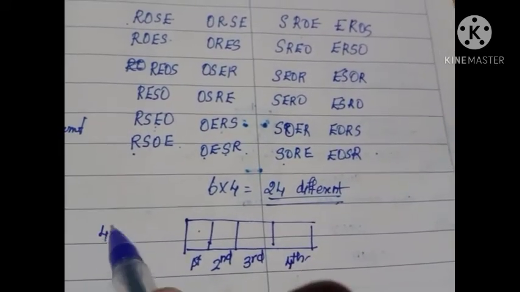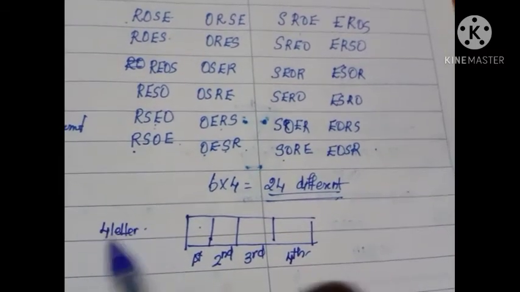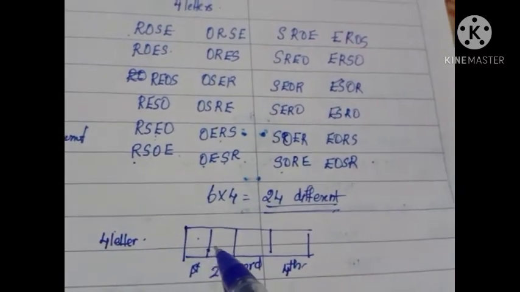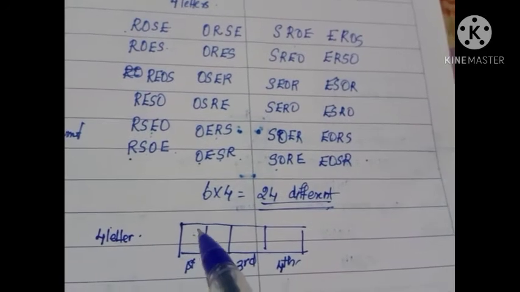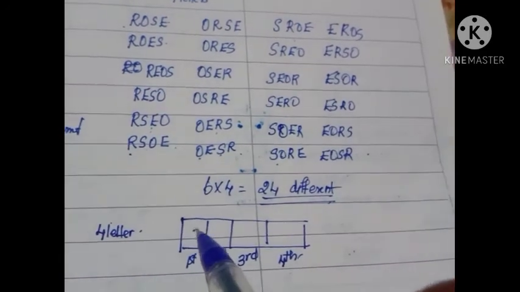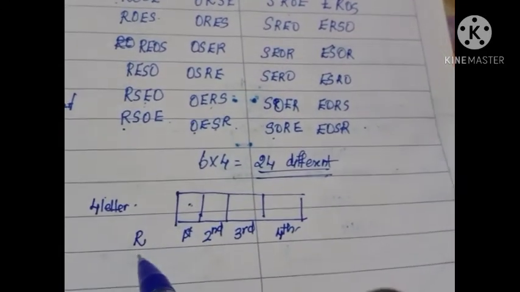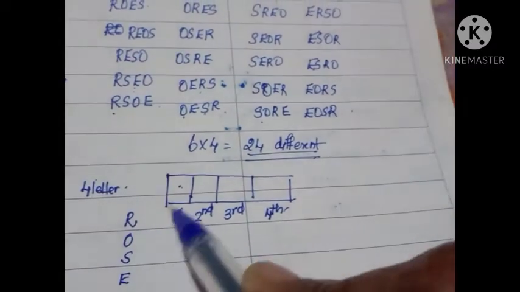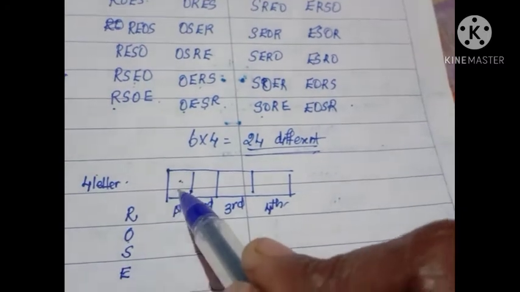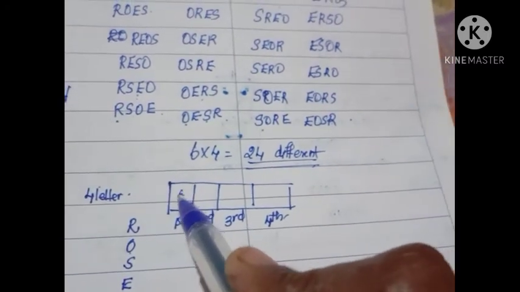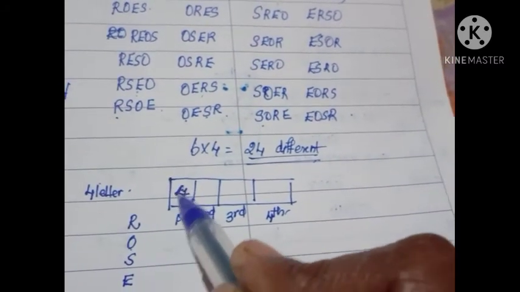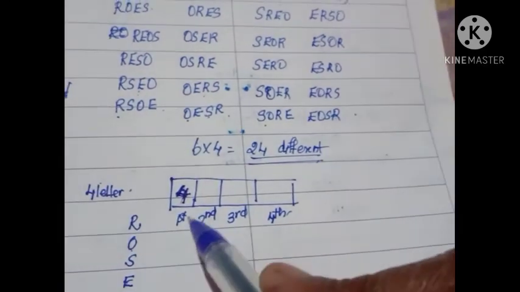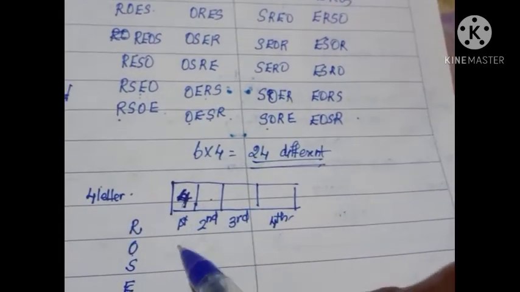Because we need 4 different letter arrangements. Now listen, the first place. Here we can write either R or O or S or E. We can write any letter here. So the first place can be filled in 4 ways. Is that clear? 4 ways.